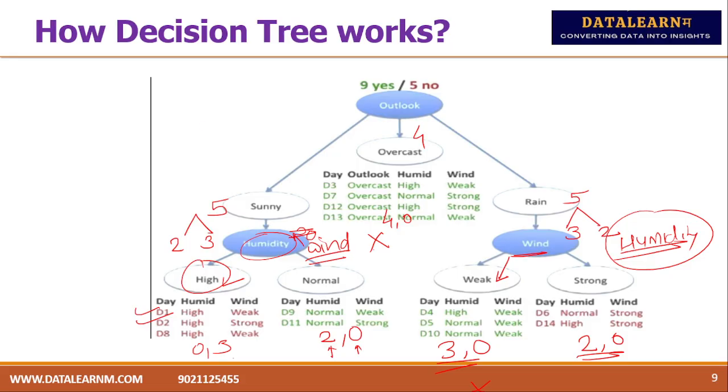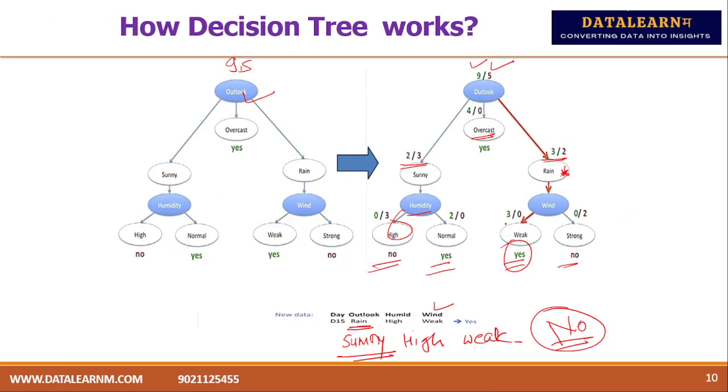Suppose for this one again 3 points are there, 1 yes and 2 no. Again it will go for splitting. But these features are selected based on the entropy.